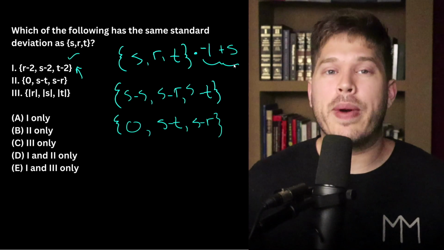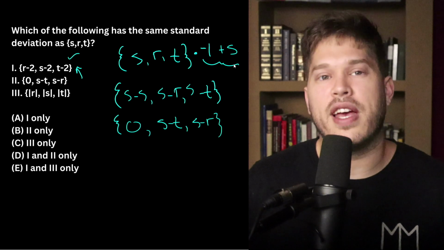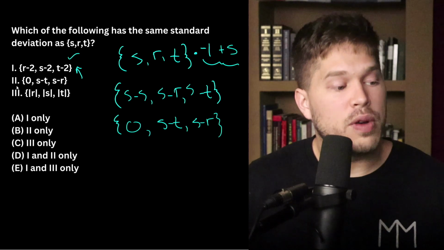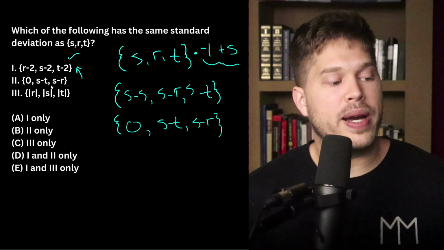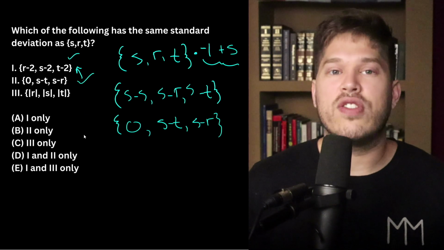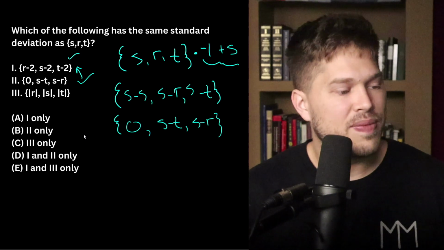Second, we've already talked about how adding or subtracting a value uniformly across your set won't change the standard deviation. So option 2 of 0, S minus T, and S minus R will not change our standard deviation. It will also have the same standard deviation.